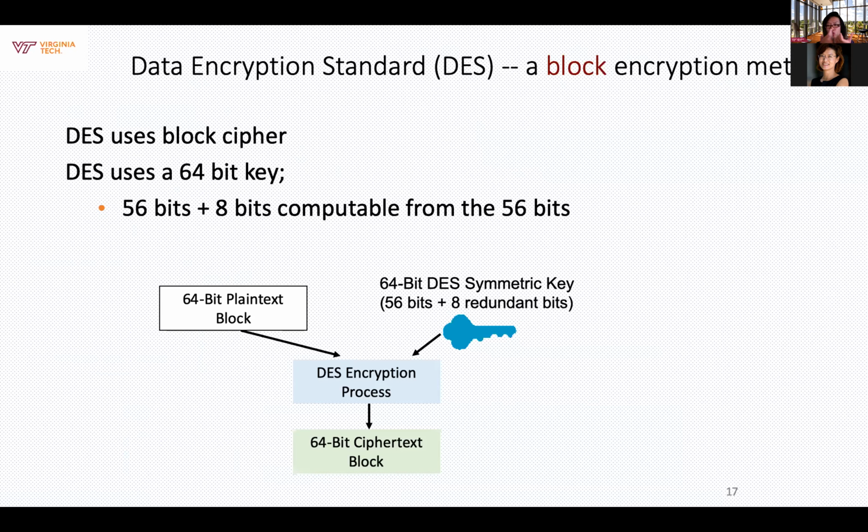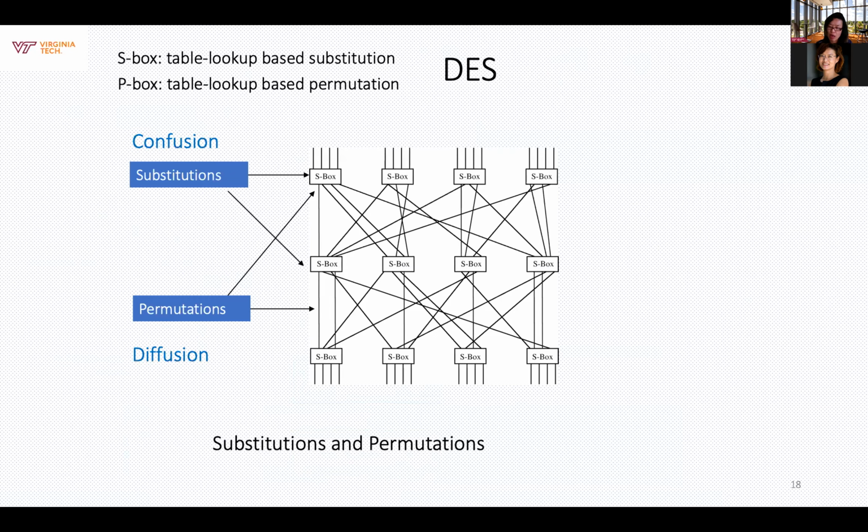So it has shorter, smaller blocks. And it's a symmetric key encryption. That means the sender and the receiver have the same key, and they use the same key for encryption and decryption. The concept is a relatively simple substitution and permutation.